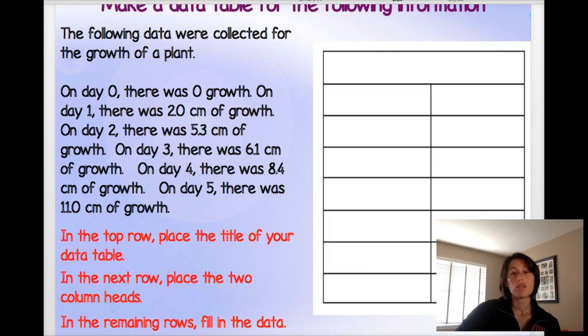So what I want you to do is make sure in the very top row you're going to place an accurately descriptive title. In the next row, right here you are going to place the 2 column headings, and in the remaining rows you're going to fill in the data for the data table. Okay, so go ahead and pause and do that, and when you're done, hit the resume or the play button.